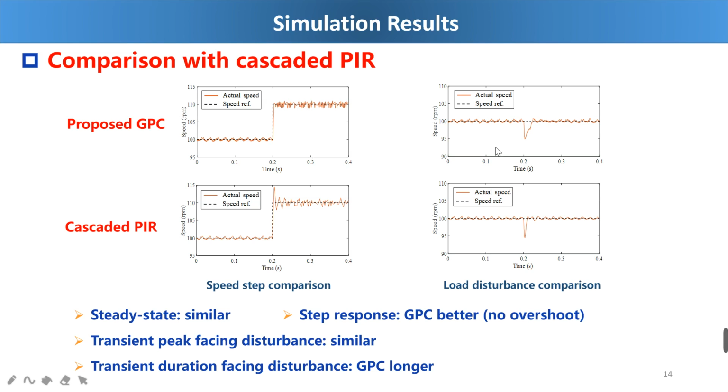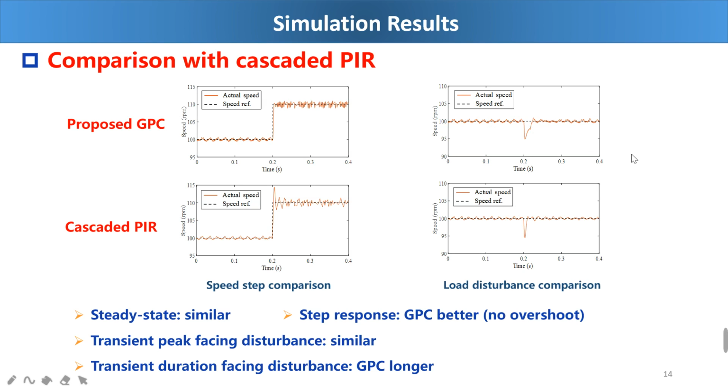In the load disturbance comparison, we can see that the proposed GPC has a similar transient peak to the PIR, but the transient duration of the GPC is slightly larger than the PIR.